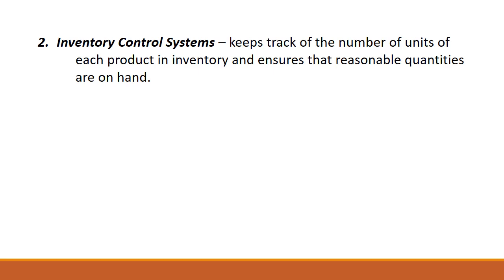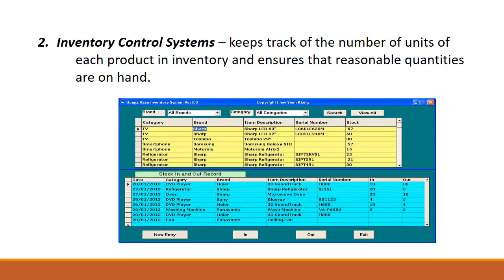An inventory control system answers the questions of when to order and how much to order. Inventory control is a method where all stocks of goods are properly and promptly issued, accounted for, and preserved in the best interest of an entity that handles its inventory. Here is an example of an inventory control system.